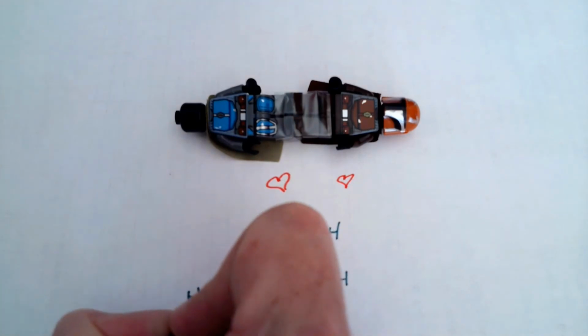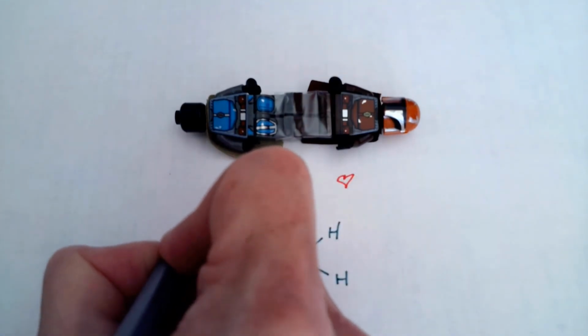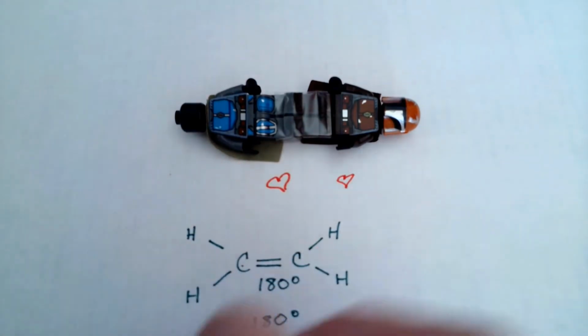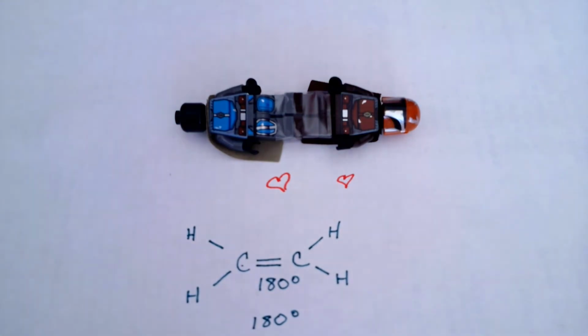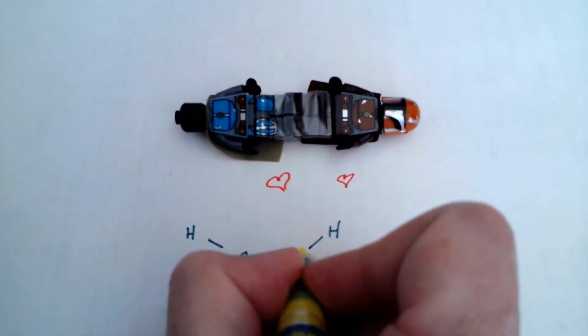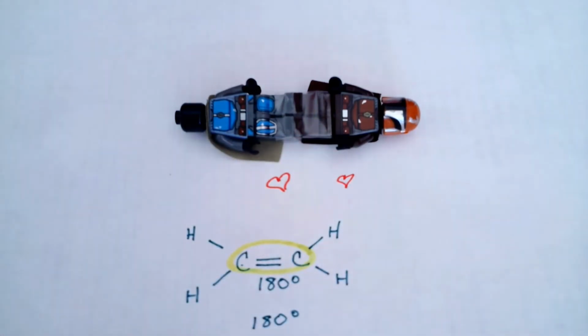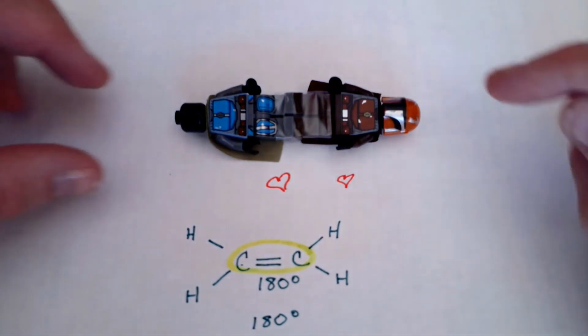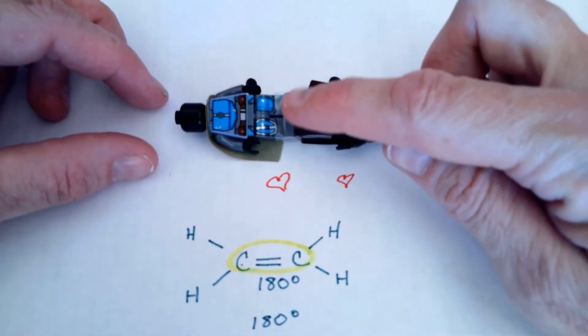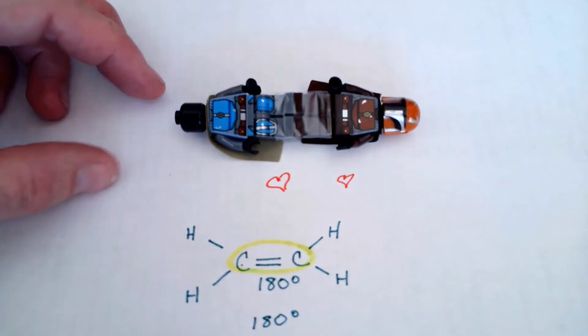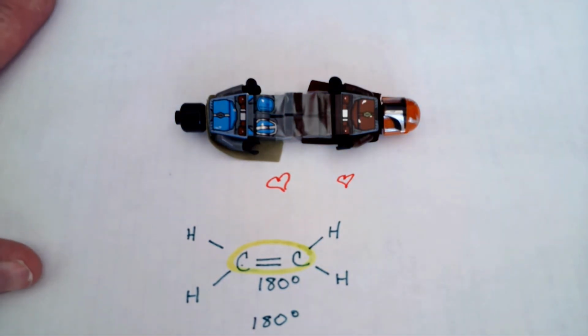And this is trigonal planar around each carbon, but right here in the center, and our carbons are our Mandalorians, right here in the center, we're still at 180 degrees. So the single bond was easy to explain. That was the Mandalorians with the soles of their feet connecting.